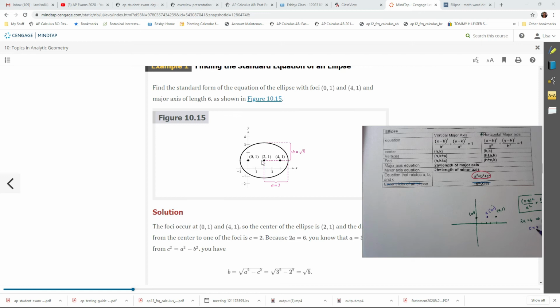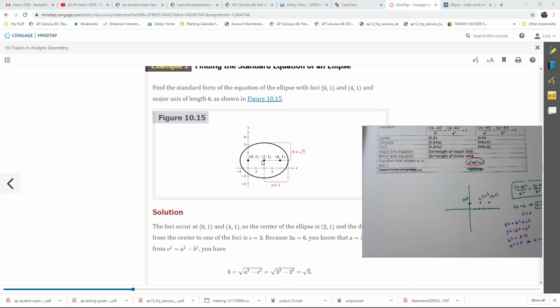So I have an a, I have a c, and I need to find b. The formula says a squared is equal to b squared plus c squared. So 3 squared is equal to b squared plus 2 squared. Solving for b squared, we have 9 minus 4, so b squared is 5, which means b is equal to root 5.